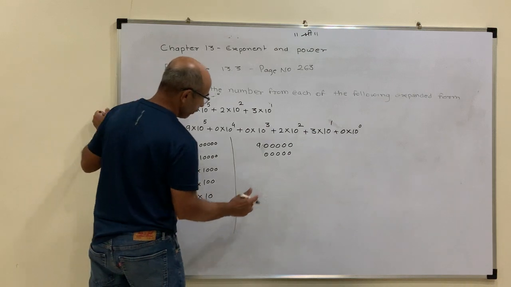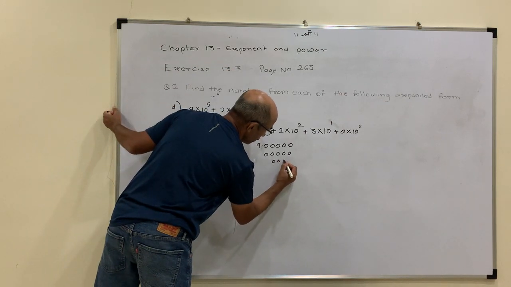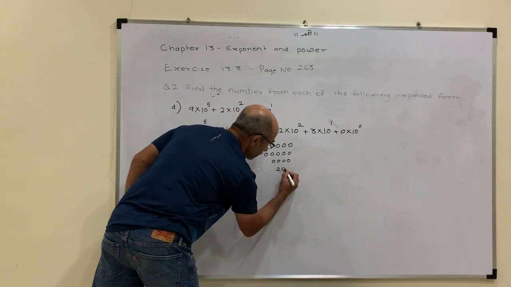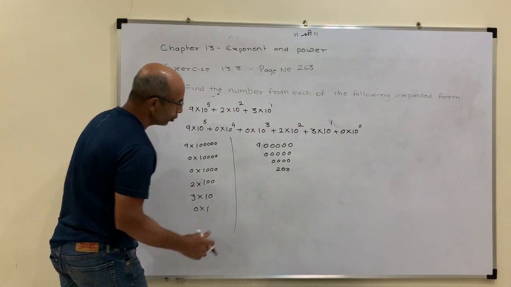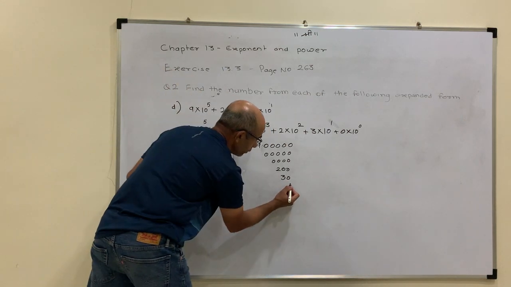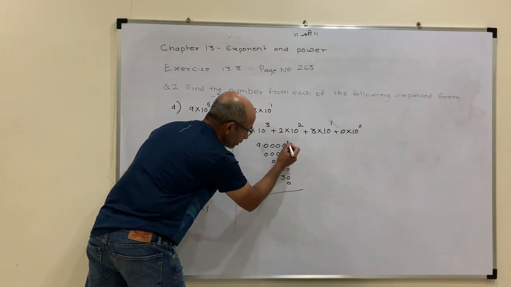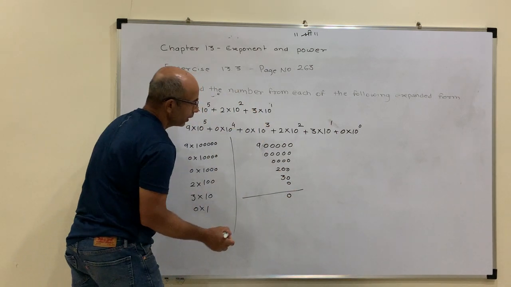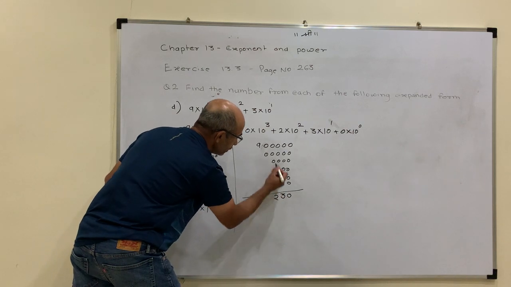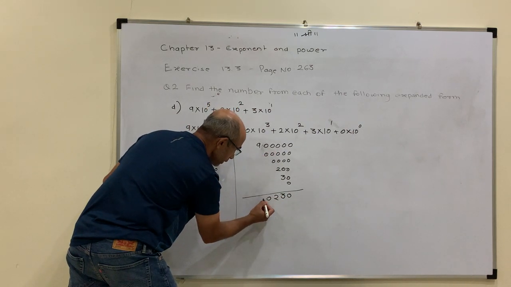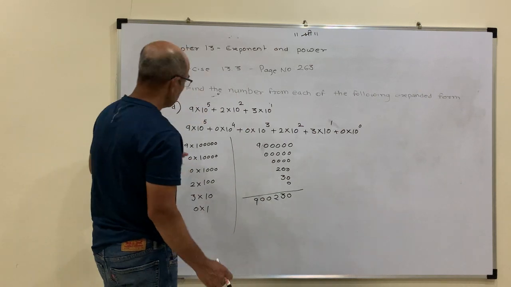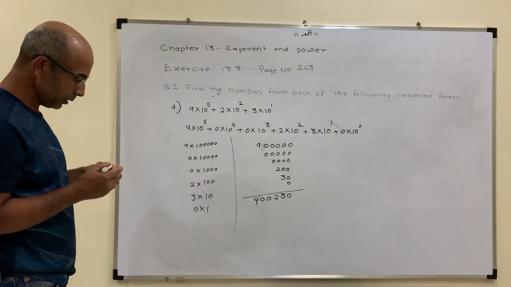And 0 into 1,000, so it's 0. 2 into 100 is 200. Then 3 into 10 is 30. And 0 into 1 is 0. So 0, 3, 0, 0, 2, then 0, 0 and 9. So it comes out to be 9,00,230.